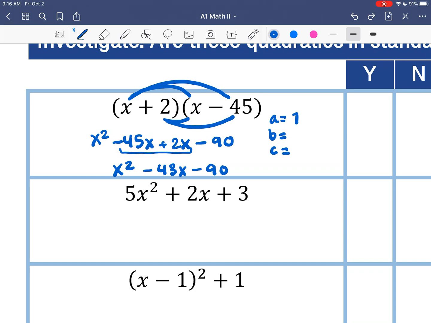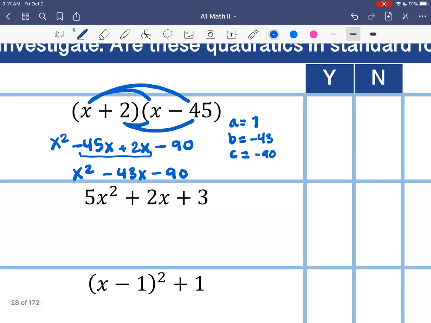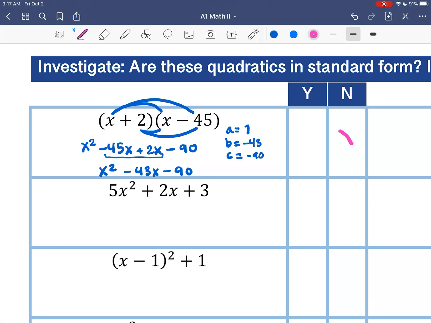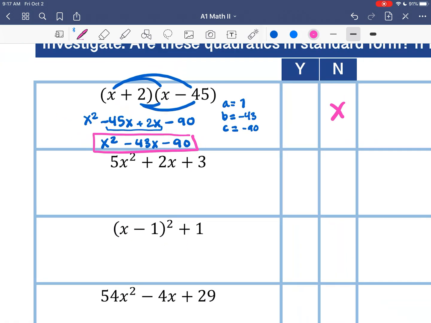So there's only a single x squared, so that's our coefficient for the first one. B is negative 43 because that's the number in front of the x, and then C is negative 90. So we decided that it was not in standard form, we changed it into standard form, and then we identified A, B, and C.